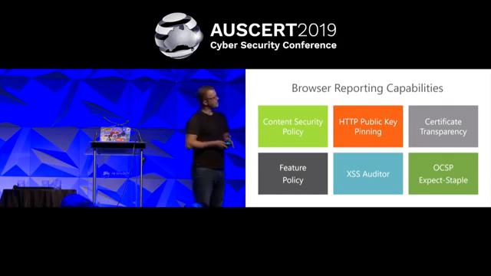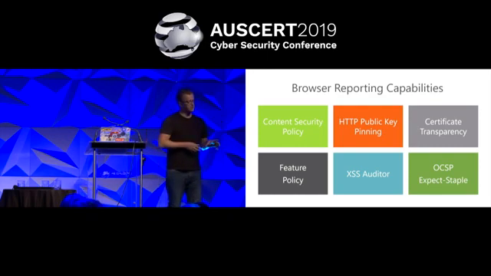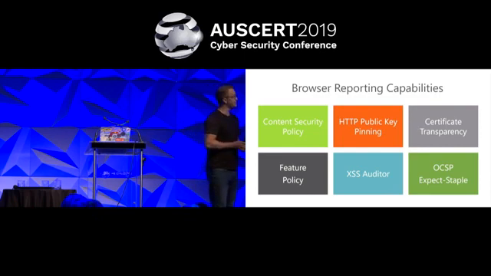Next one over, HPKP. This mechanism's actually currently going through deprecation in Chrome because it was too powerful. It's not often that we say that about a security feature. It was too powerful and it was too difficult for people to deploy. So Chrome and Firefox are the only browsers that support it. Chrome is currently pulling it, which will leave just Firefox behind.